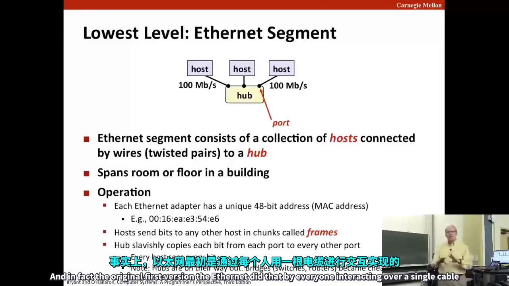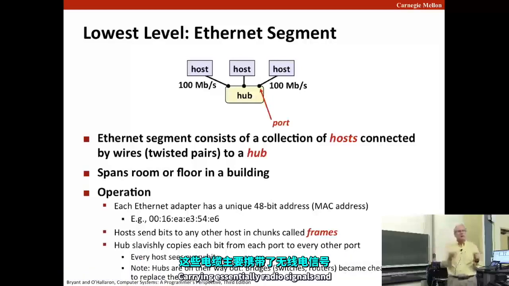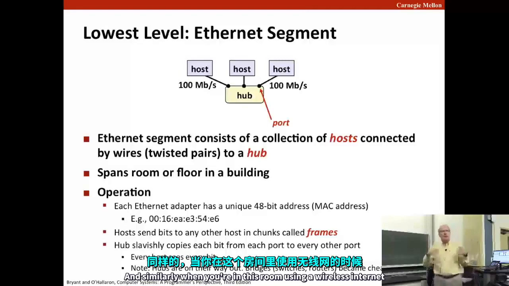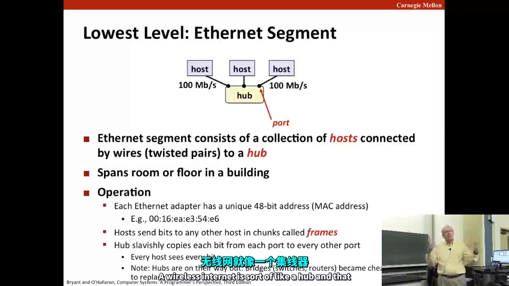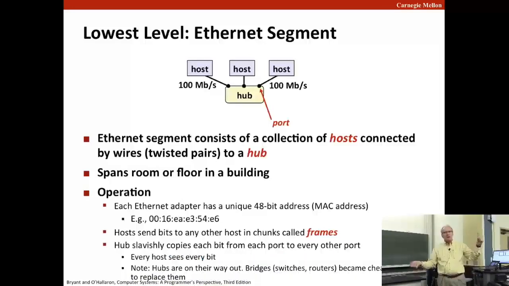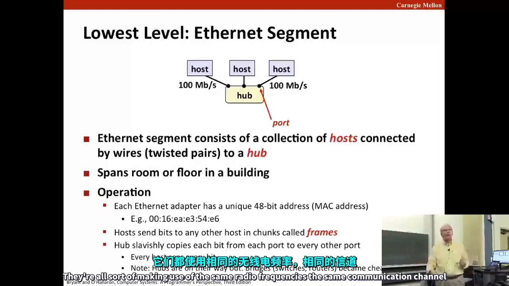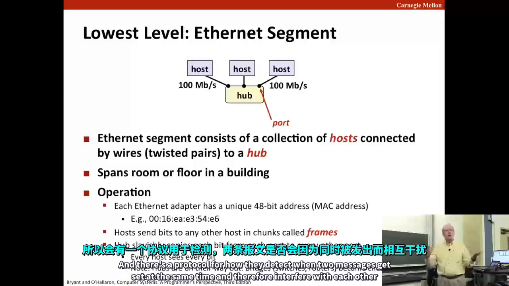And in fact, the original first version of Ethernet did that by everyone interacting over a single cable carrying essentially radio signals. And similarly, when you're in this room using wireless internet, it's sort of like a hub in that all the packets that you're sending across the room are all making use of the same radio frequencies, the same communication channel, and there's a protocol for how they detect when two messages get sent at the same time and therefore interfere with each other.